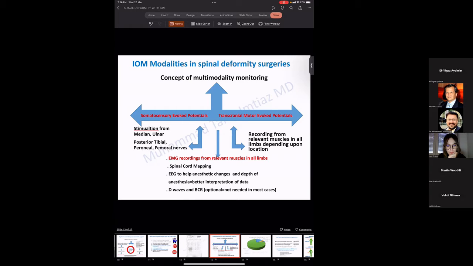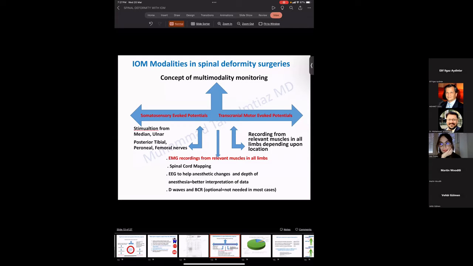As we discussed already, in sensory potentials you stimulate the peripheral nerves and record from the central nervous system, and in transcranial motor evoked potentials, you stimulate the nervous system through the scalp using scalp electrodes. And the idea is that you record from the muscles as the endpoint of the peripheral nervous system. So both these modalities are a must during spinal deformity, or in any IOM setup, even in brain surgeries, using these nerves for SSEPs and MEPs.